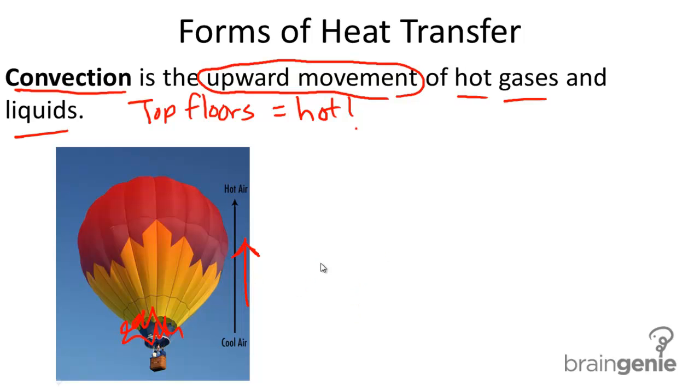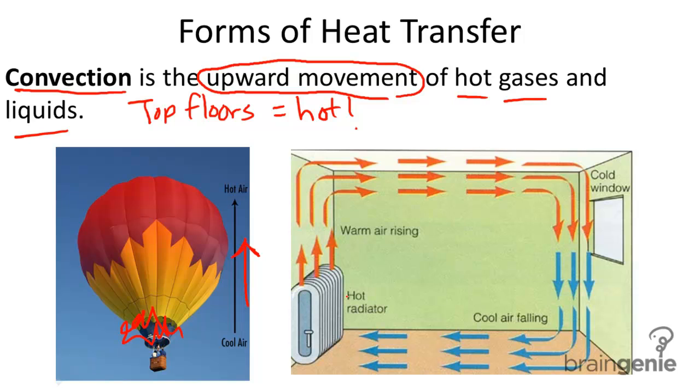Now the next image I want to show you here is an example of what we call a convection current. So like I said, we have a radiator here. The radiator is creating hot, warm air, and because of convection, the hot air is rising, upward movement. And what happens is once this cycle starts going, we have hot air rising.